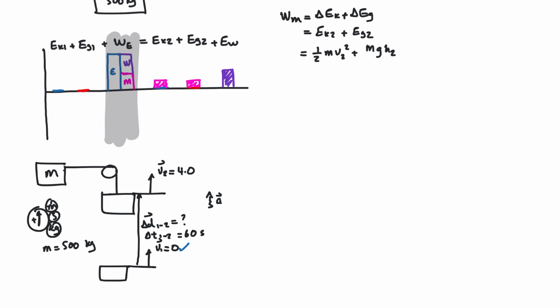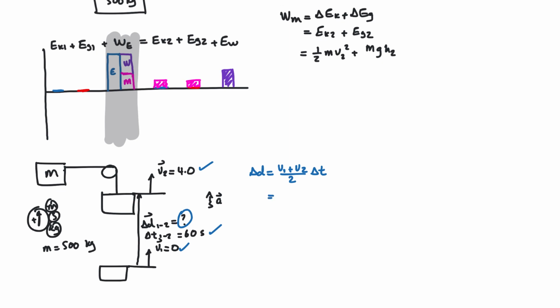Beautiful. Let us now see what information we have. We have initial velocity, final velocity, and time, and we need to find displacement. And the equation that I will use for that is displacement is equal to (V1 plus V2) over 2 multiplied by delta t.